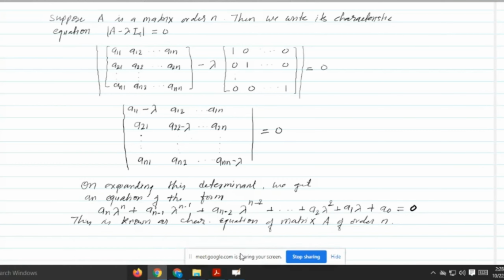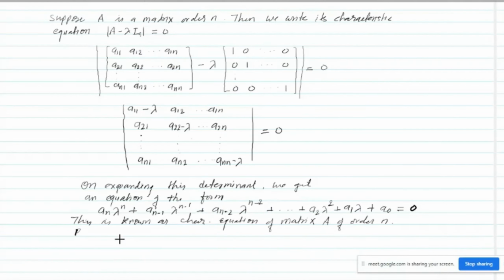Okay, and the roots of this equation are known as characteristic roots. So this is the characteristic equation, and the roots of this equation are known as characteristic roots, or you can say latent roots.